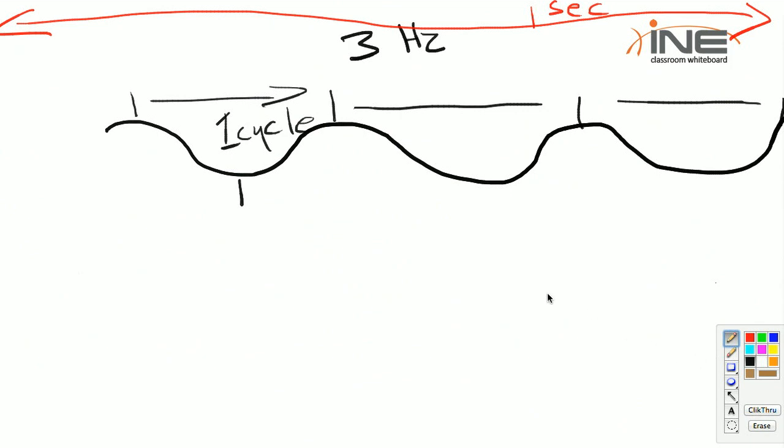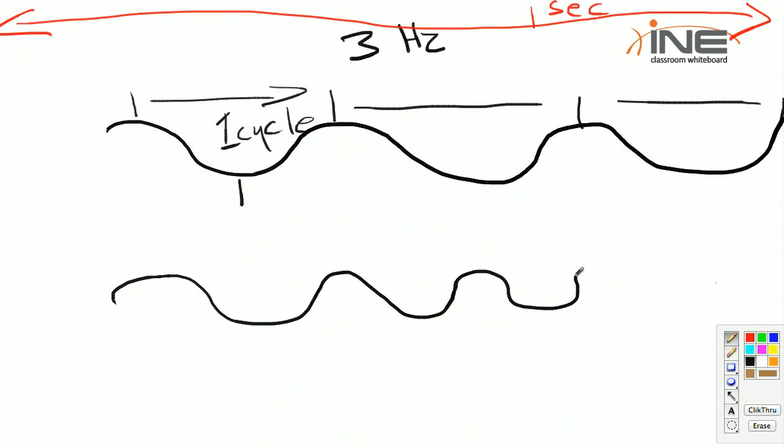That is 1 second. I realize I didn't start quite at the left edge, so we'll just make this our pretend left edge here. If that's 1 second, and I want to have a different frequency, then I'm going to have a smaller wavelength. So let's say I've got 1, 2, 3, 4, 5.